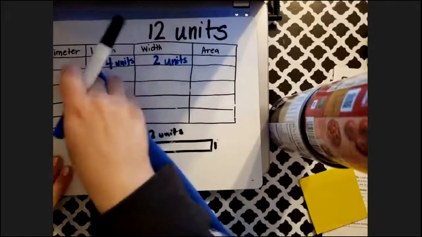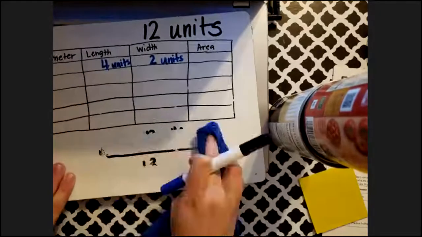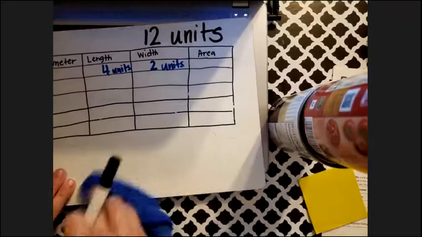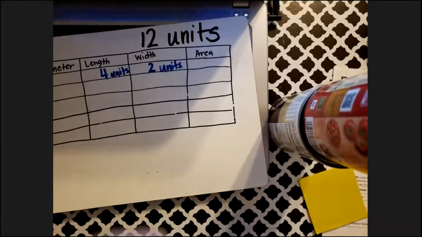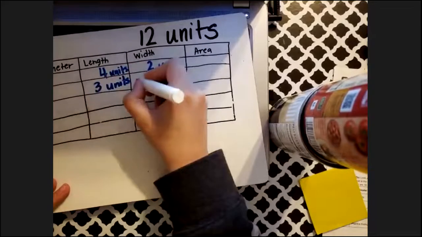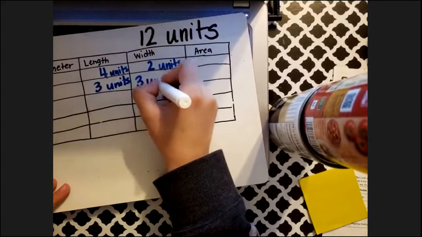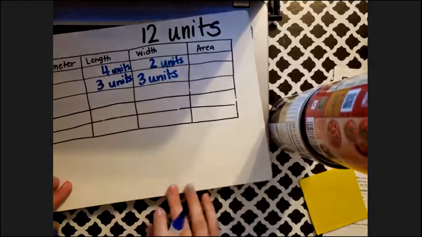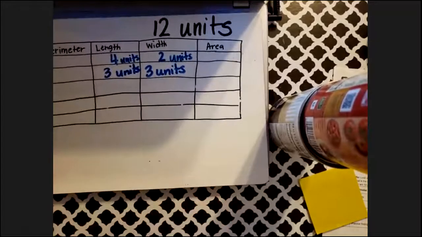How about 3 plus 3 plus 3 plus 3? Okay, so we got a length of 3 and a width of 3. Let me challenge you a little bit, Patience. What would we call that if all the sides are the same? Is that a rectangle or is that something else? It's something else. Okay, and what is that something else? You can look at Miss Miranda's Post-it note to help you.